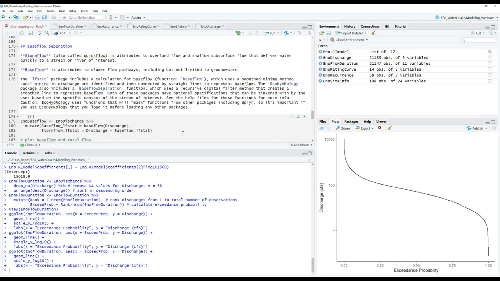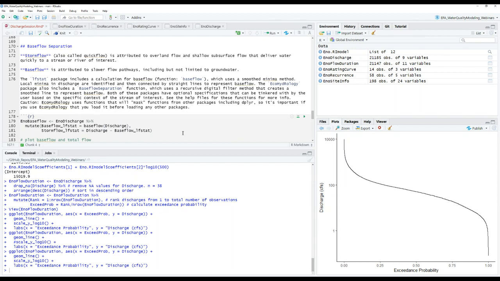Just a couple of things to point out before we actually get into the code. I'll highlight two packages today. The first is lfstat. If you're having trouble accessing that, it's nice that we have the second package that I'll highlight. But lfstat has a calculation for base flow in this package. It's called baseflow. This uses what's called a smoothed minima method.